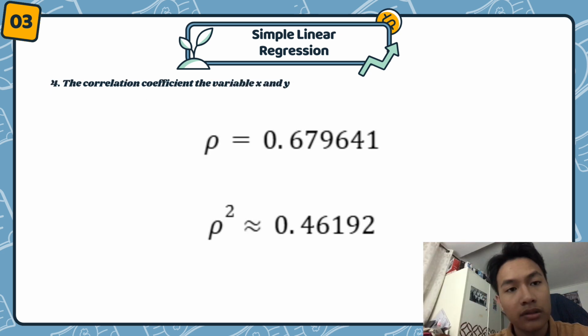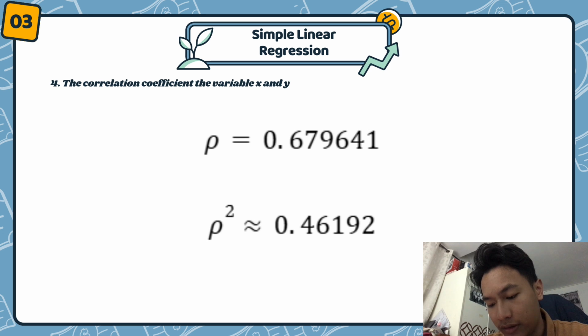For the next one, it's the correlation coefficient between variables x and y. The rho is equal to 0.679641, and the rho squared is equal to 0.46192.